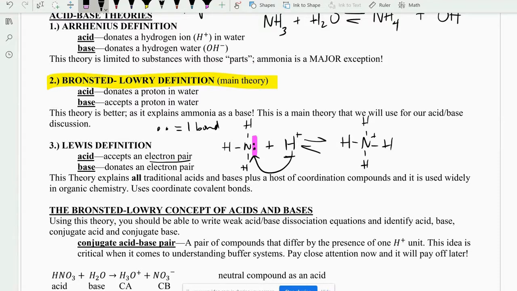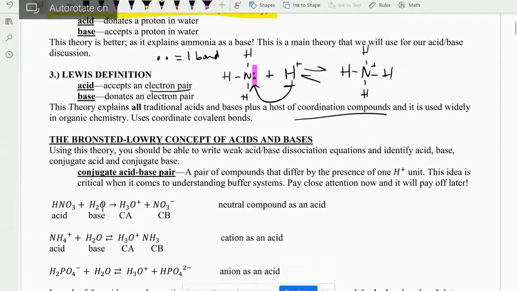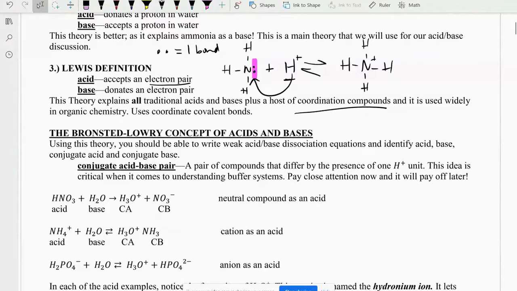We call these coordinate compounds or coordination compounds. And be aware that when you get into organic chemistry, they're going to predominantly use the Lewis definition to define acids and bases.